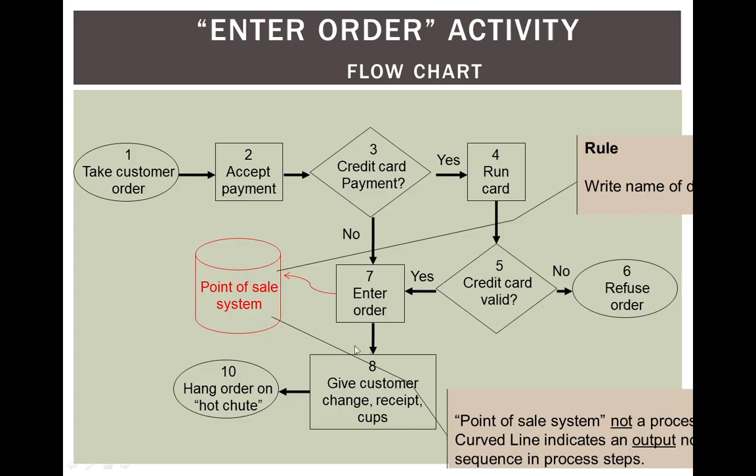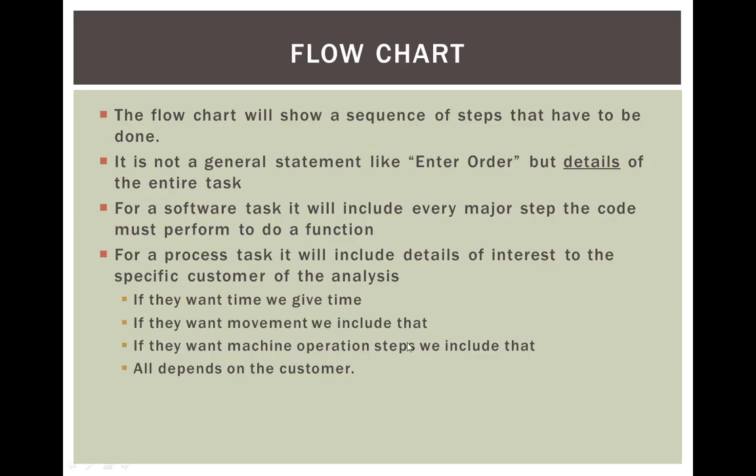Again, you don't necessarily need to worry about it at this point. Just know that there is a different symbol for point of sale system, and for this hang order on shoot, there is actually a symbol as well. There is a document symbol, so that if they print out a little receipt that gets hung on the rack back there, they can fill that order.